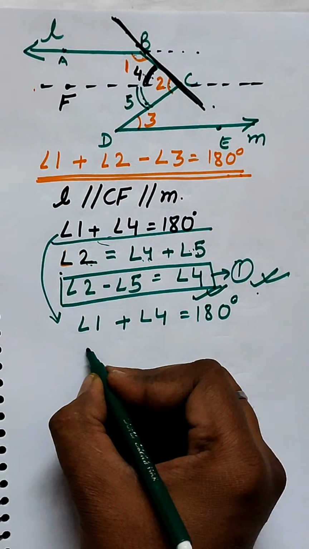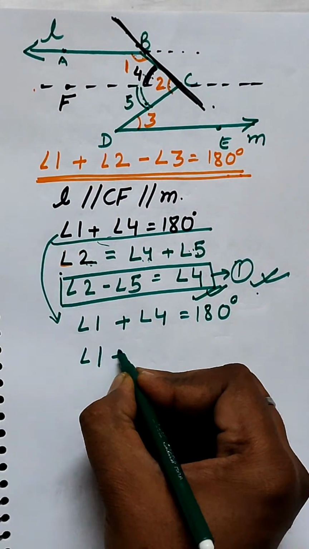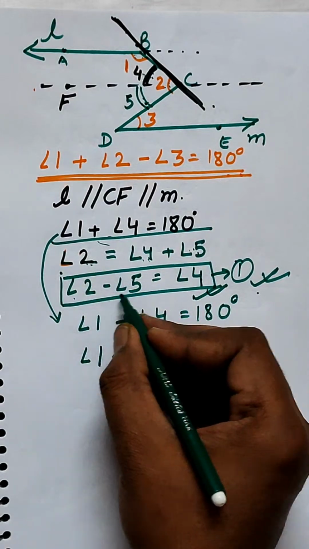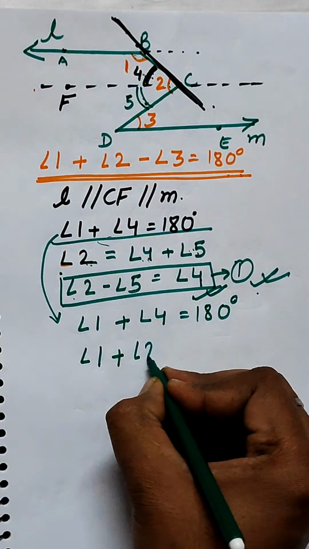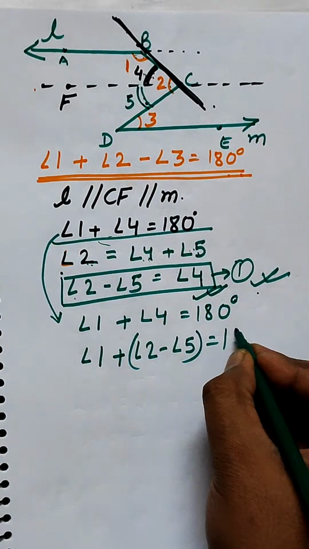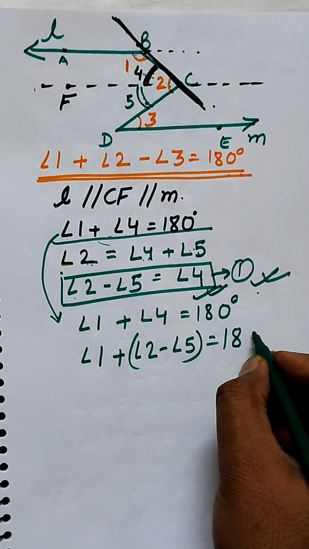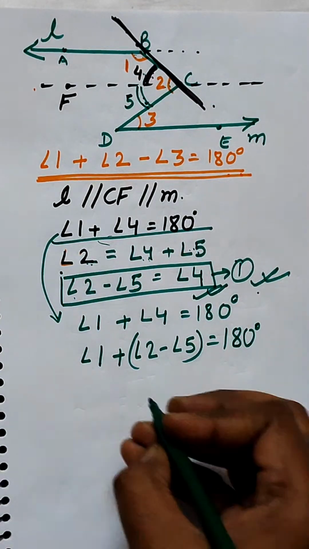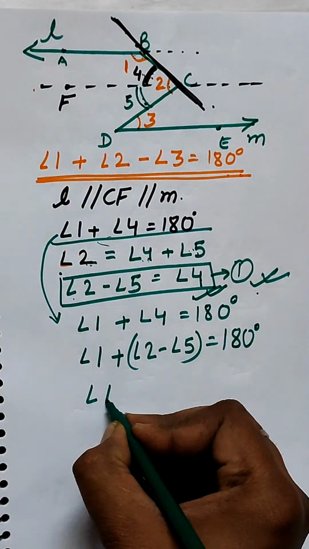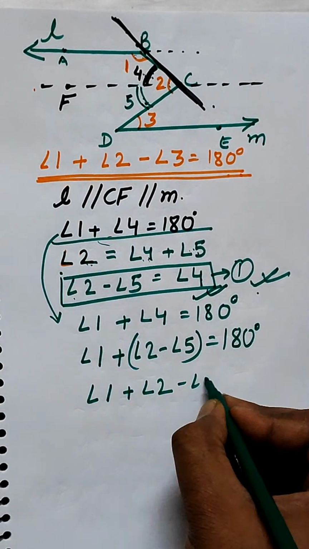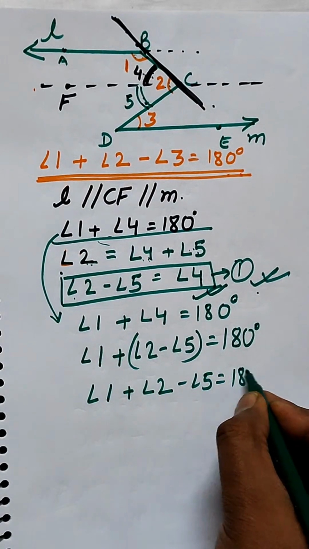That is angle 1 plus, in place of 4 write 2 minus 5, because this we have derived. So angle 2 minus angle 5 will be giving you the value of 180 degree, right? So we can say that angle 1 plus angle 2 minus angle 5 equal to 180 degree.